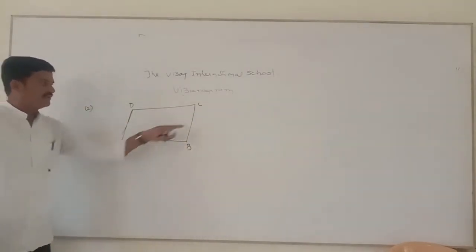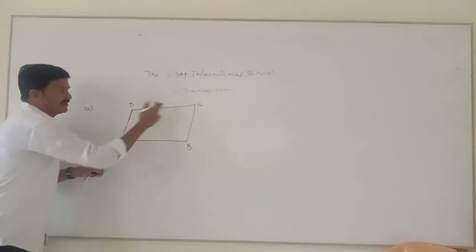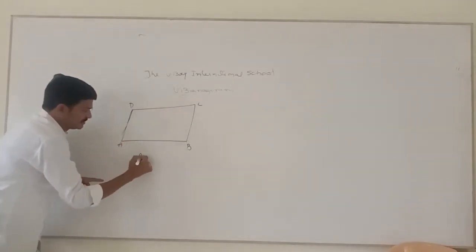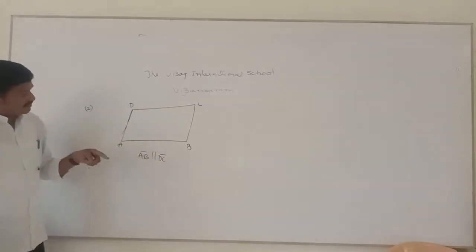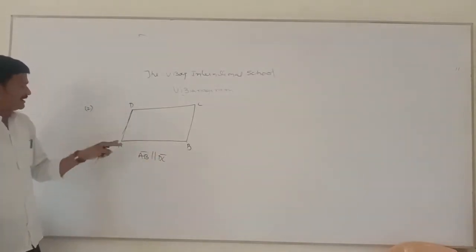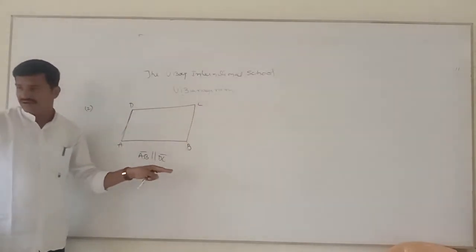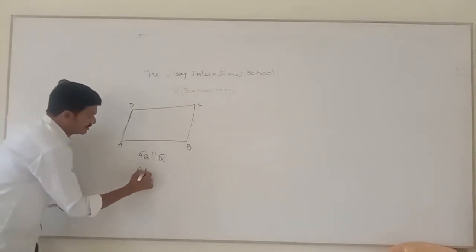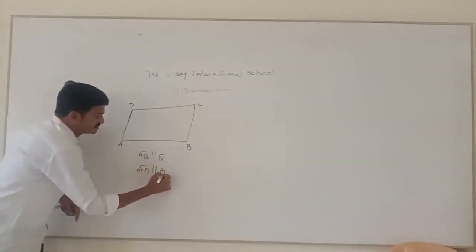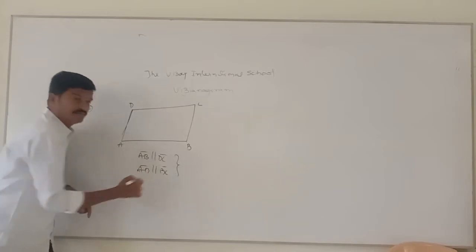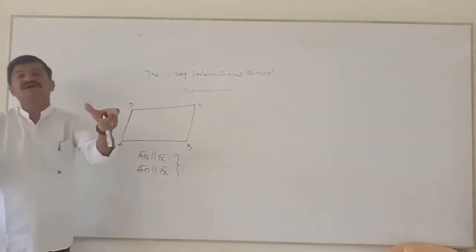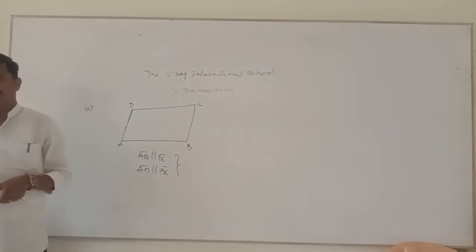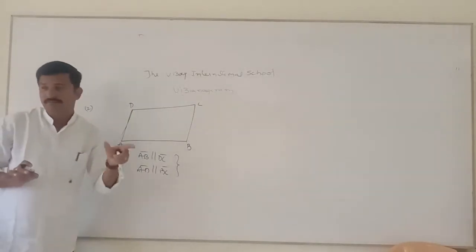In this quadrilateral ABCD, is AB parallel to DC or not? AB is parallel to DC. In the same way, is another pair AD and BC also parallel or not? AD is parallel to BC. Here what we observe is that in this quadrilateral both pairs of opposite sides are parallel.